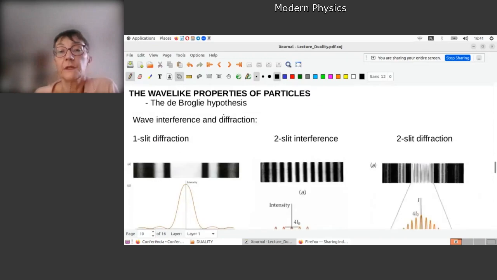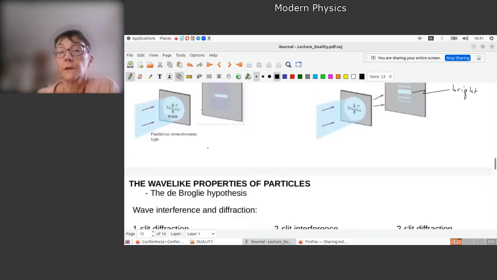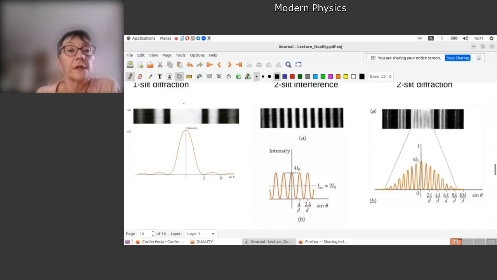You probably have studied it in basic physics. So one-slit diffraction, this is what I show you here. You have this kind of central shape, and symmetrically, other less and less bright fringes. So the intensity profile is this one.